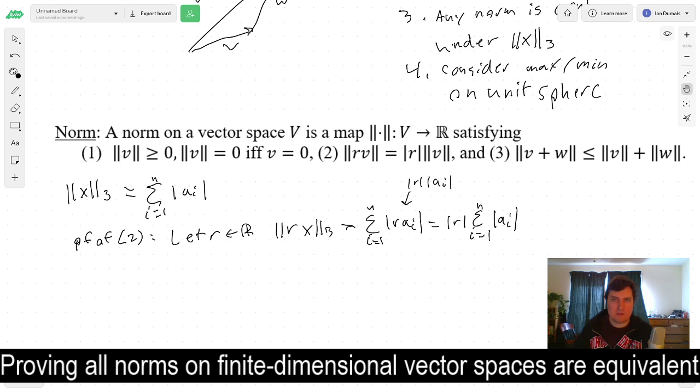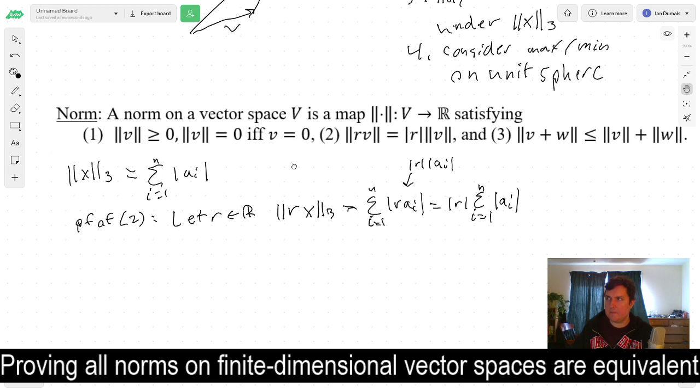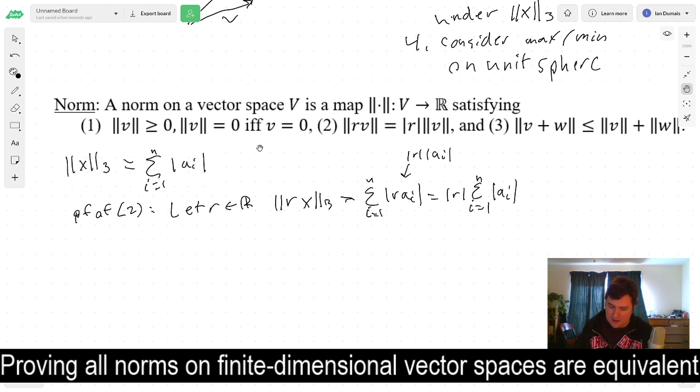Make sure everything is still visible. It is. And then we can see, oh, look at this. This looks exactly like this. And so this is our absolute value of R times norm 3 of X. That's what we wanted to show. So 2 is done.